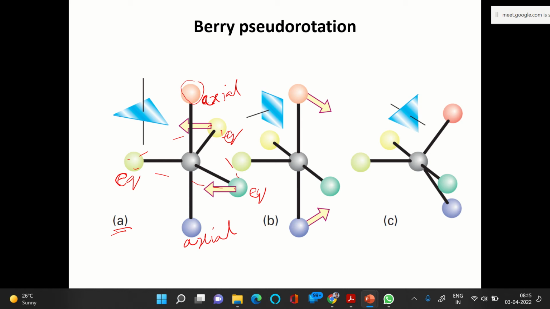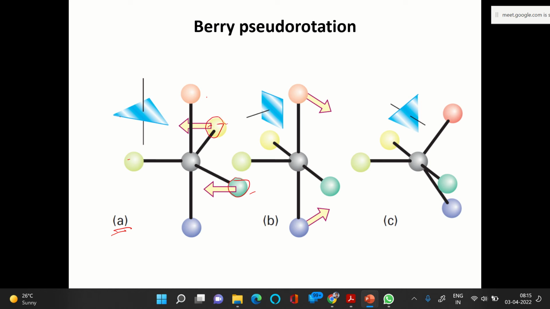Now suppose the movement that will happen, when we talk about rotation, this rotation happens very fast. The steps that you can imagine are like these two, the green one and the yellow one, with the yellow arrow.